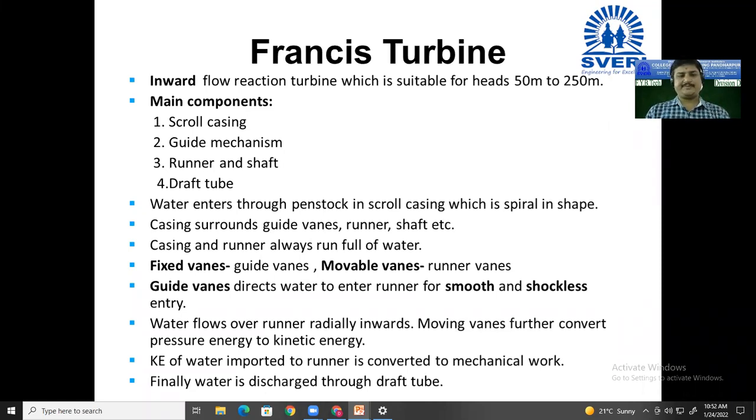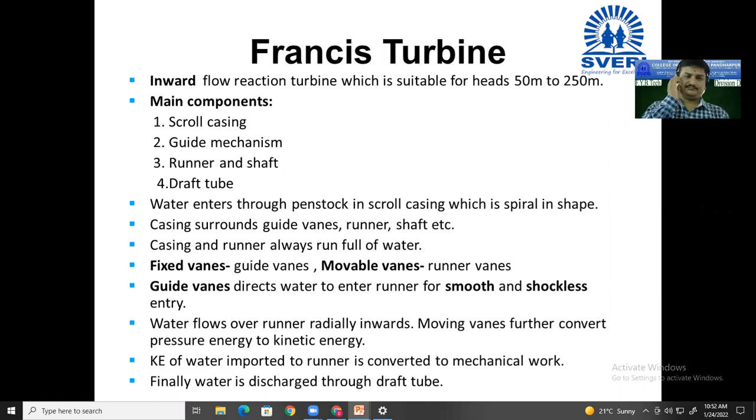Number two, guide mechanism. Number three, runner and shaft. And number four, draft tube.